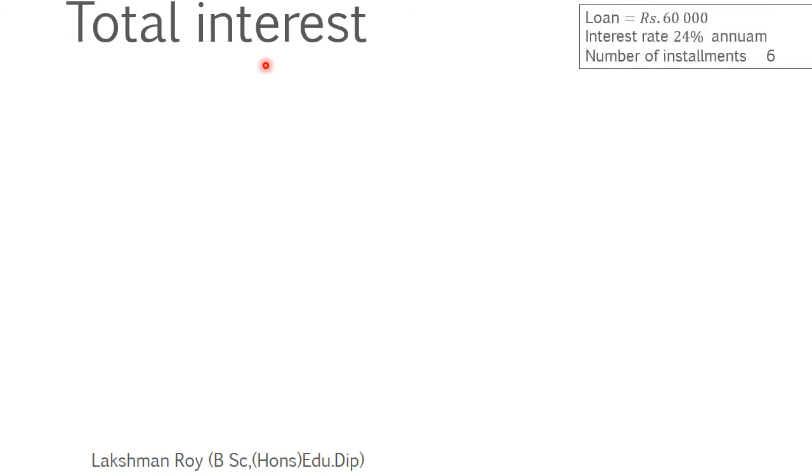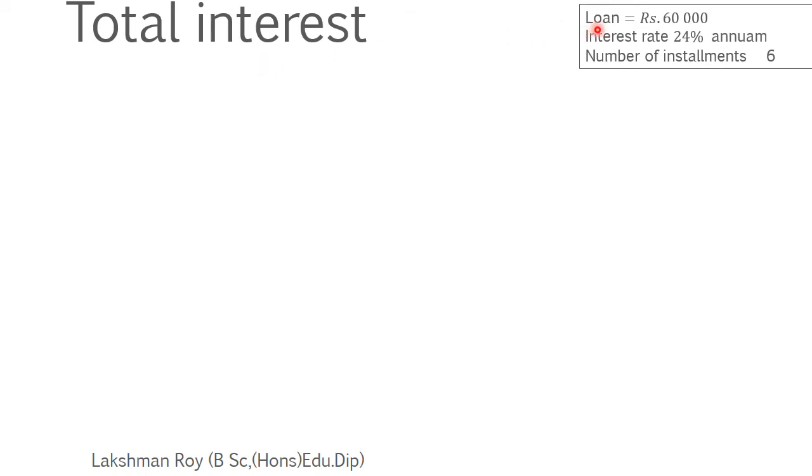Right. Now in this part I am going to explain how to calculate the total interest using the easy and short method. So again I remind you what is given in the example.